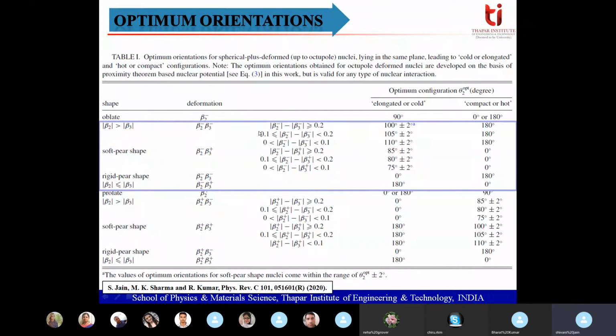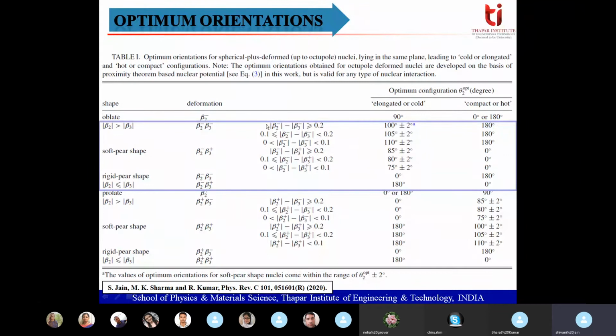That's why we have observed that when the difference between the magnitude of beta 2 and beta 3 is greater than or equal to 0.2, that means the inclusion of beta 3 is very less in this case, so the deviation is very less. As the magnitude increases, the deviation also increases. But in the case of the hot configuration, the orientation remains the same.